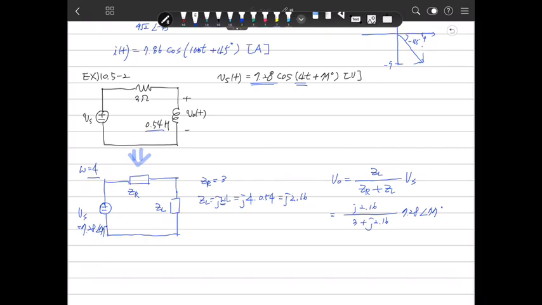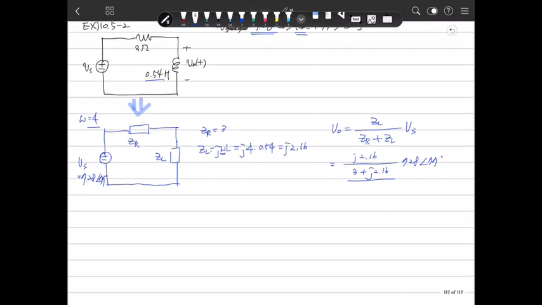So here, 3 plus j2.16 has magnitude the square root of 3 squared plus 2.16 squared, which is 3.7, and the angle is 36 degrees.